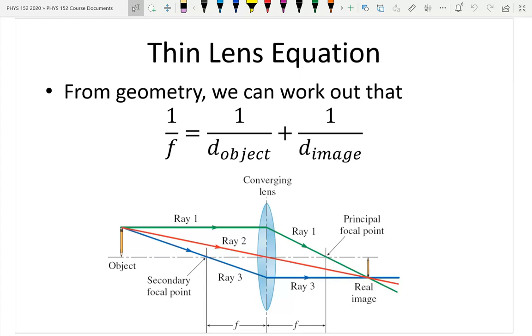You actually have what we call the lens maker equation, 1 over f equals, I think it's n times 1 over r1 plus 1 over r2, where those are the radii of curvature of each of the two surfaces on the lens, and n is the index of refraction the lens material is made out of. So it's a different equation to go from the curvatures to the focal length.